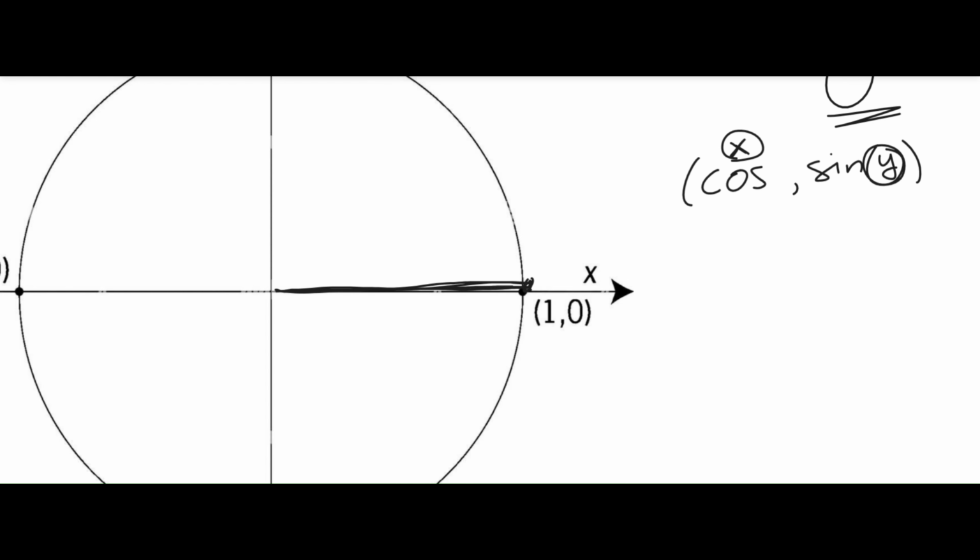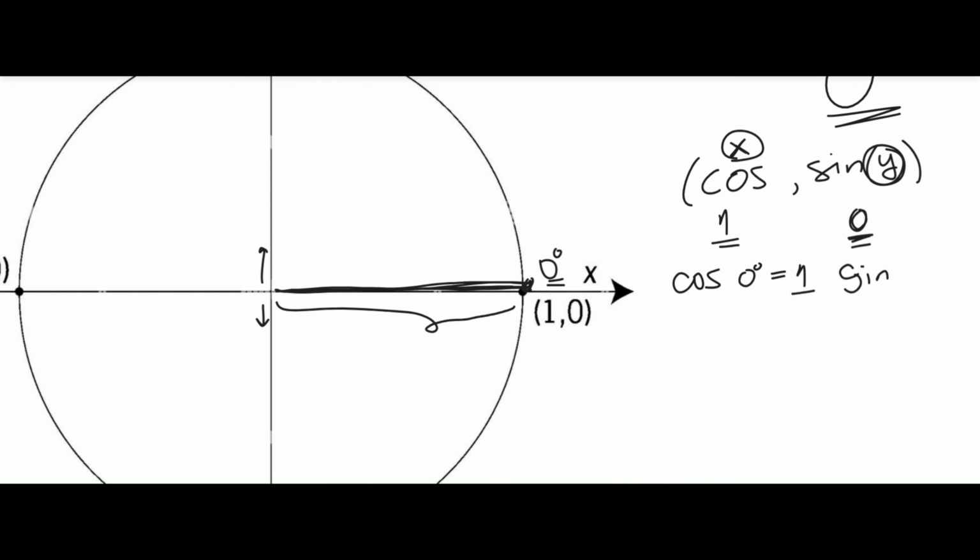Now, to reach this point of 0 degrees, our x value is 1, right? While our y value, we did not go up or down, so basically our y value is 0. This tells us that cosine of 0 degrees is 1, while sine of 0 degrees is equal to 0.